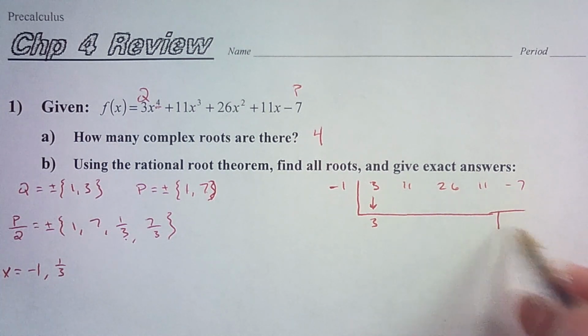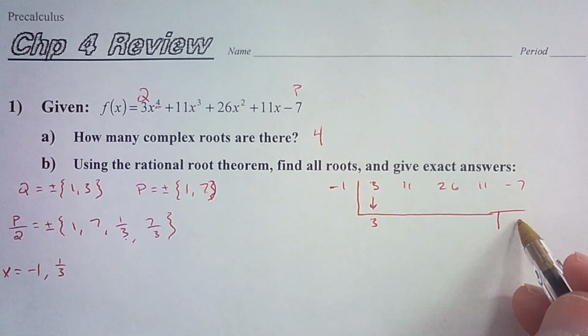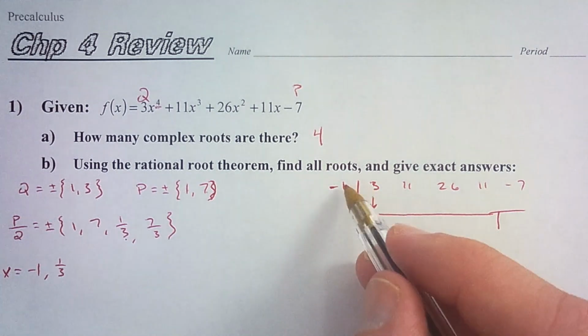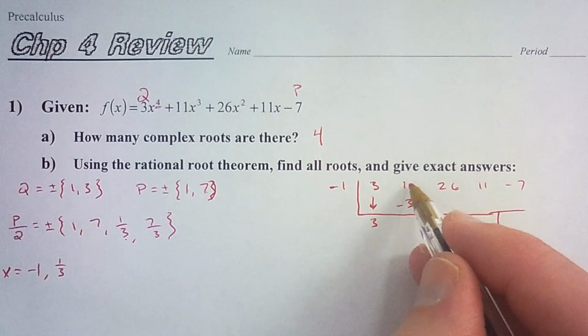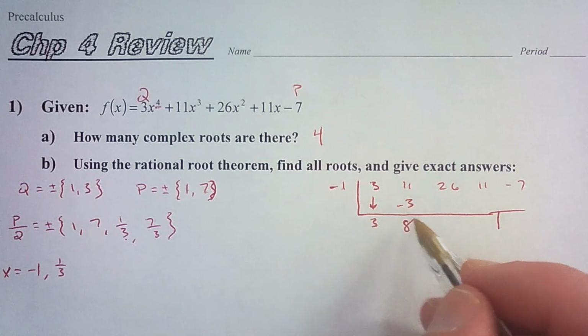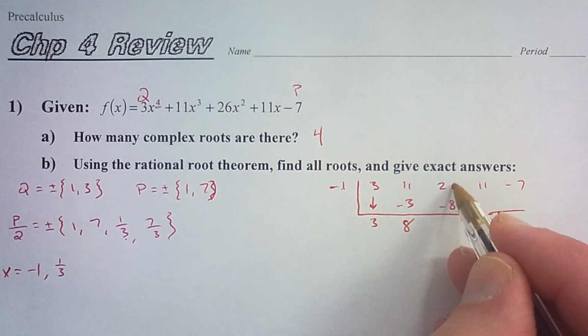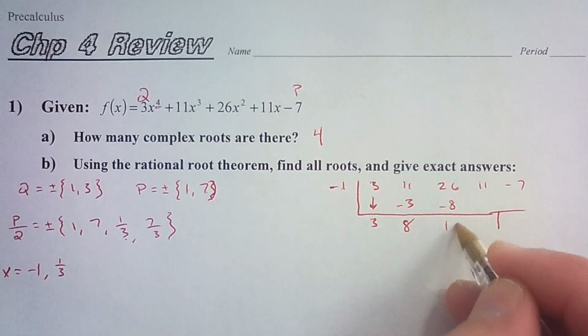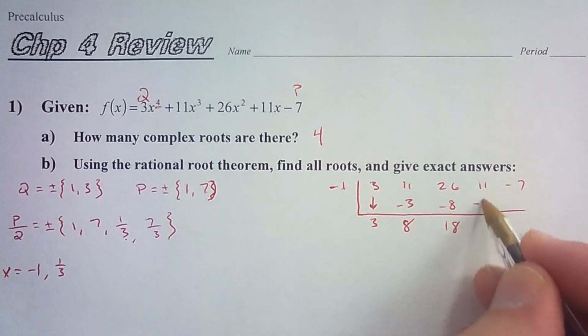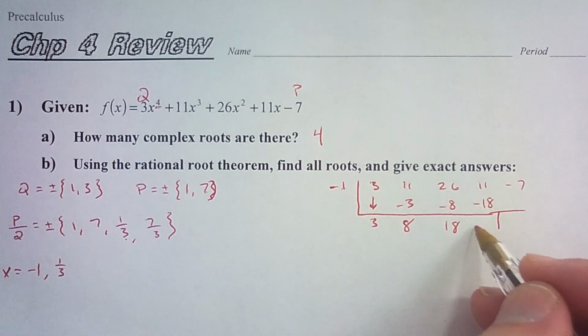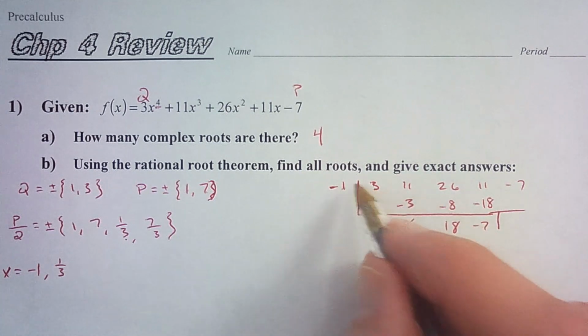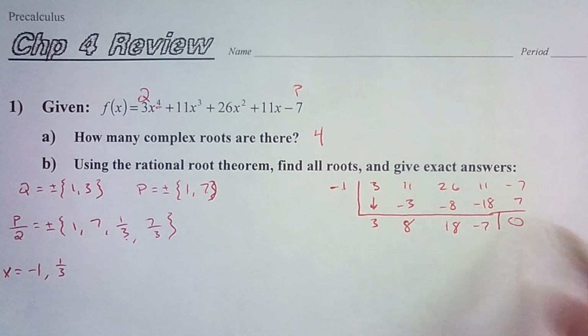And in the end, I really need to have a remainder here of 0 if I did this correctly. So multiply, and I get -3, add, and I get 8, multiply, -8, add, 18, multiply, -18, add, -7, multiply, 7, add, 0. So I got a remainder of 0, so I know that my root of -1 was correct.